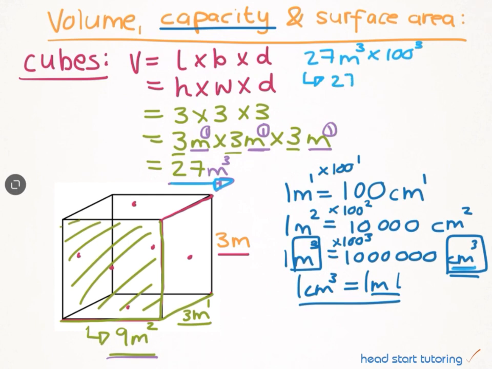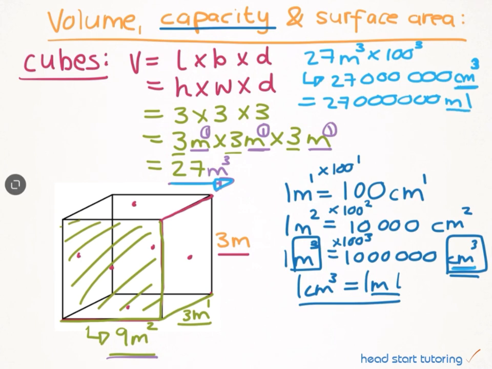That gives an answer of 27 million centimeters cubed. And remember that centimeters cubed is equal to milliliters, so that also gives us 27 million milliliters, because those two measurements are exactly the same.